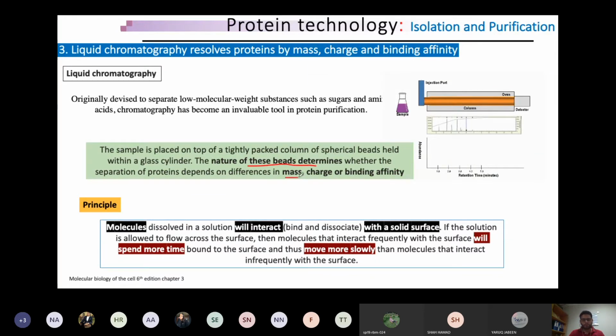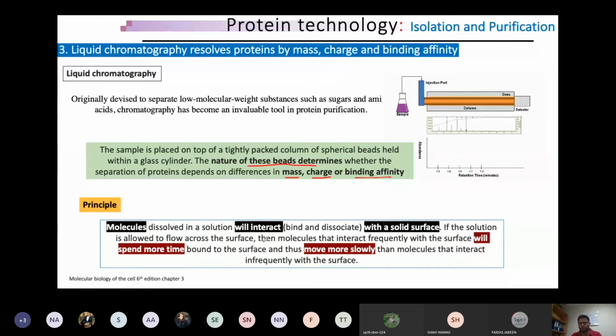You could separate proteins on the basis of mass. If you have charge in your mind, you could have a bead which separates different charges, and if you have some specific affinity criteria in your mind, these beads could fulfill this affinity criteria. And then you can go.